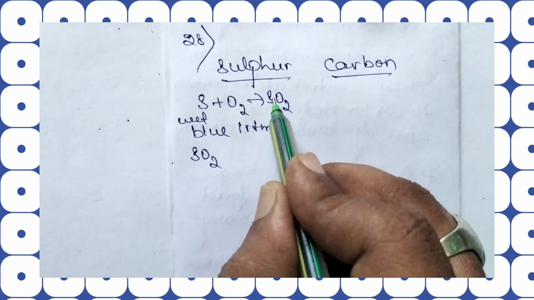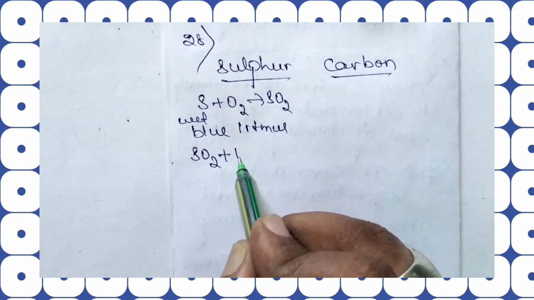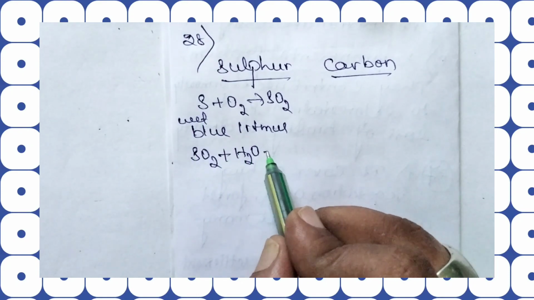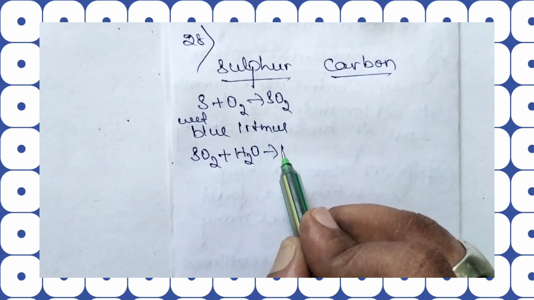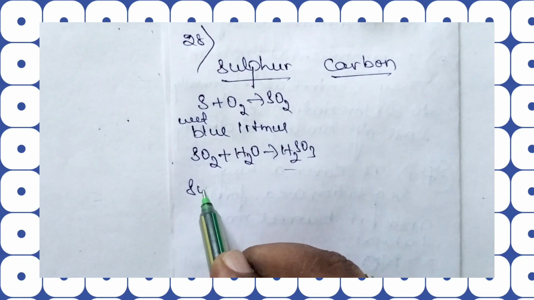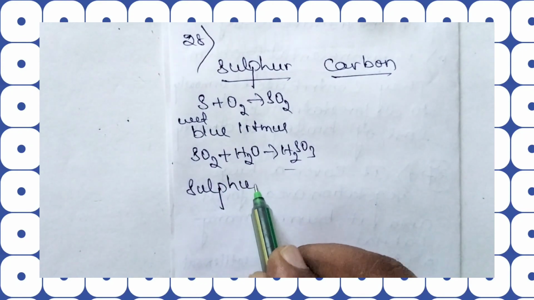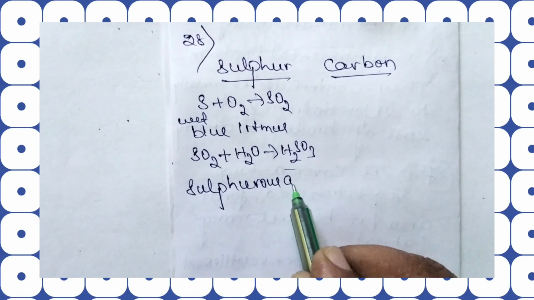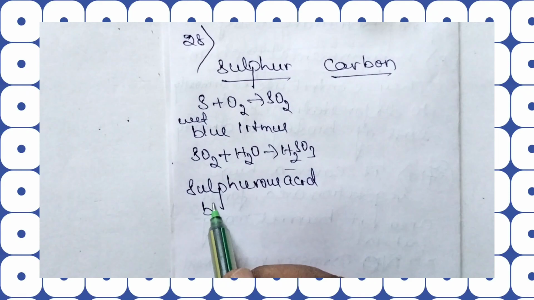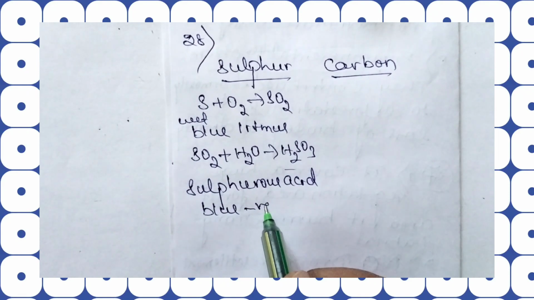Sulfur dioxide, which is the fume, reacts with water present in the wet blue litmus paper and forms H2SO3, that is sulfurous acid. And this sulfurous acid turns blue litmus to red.